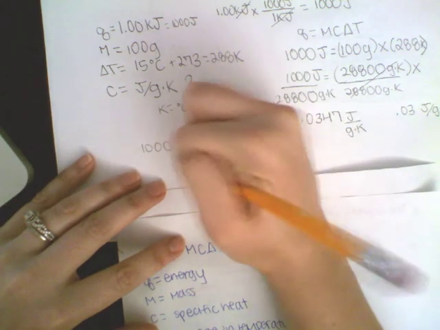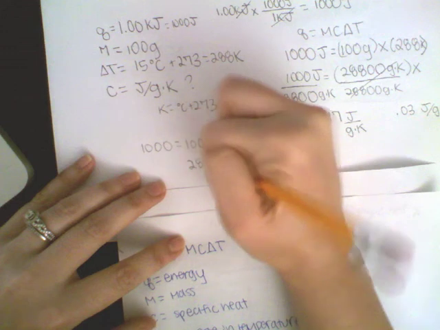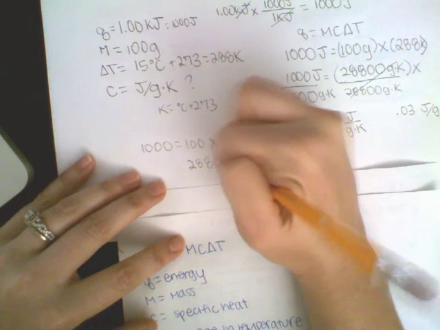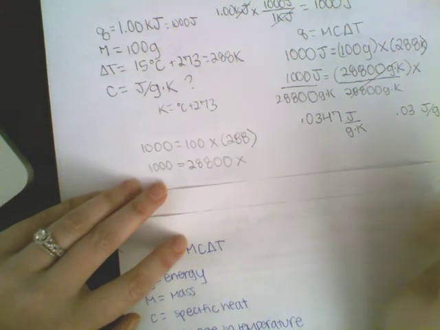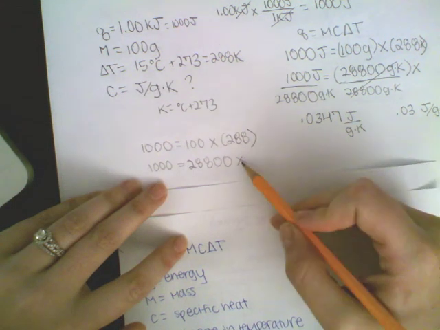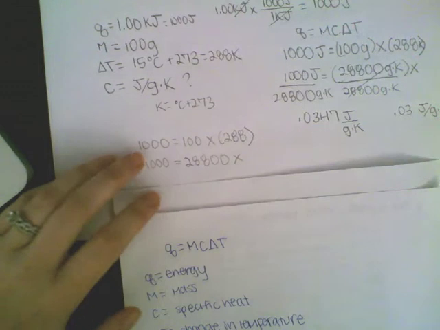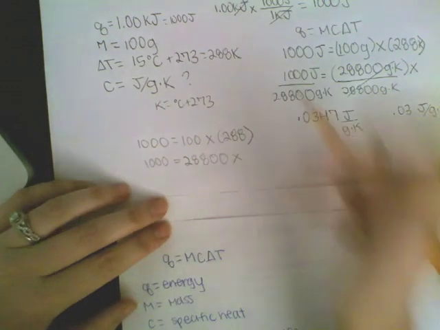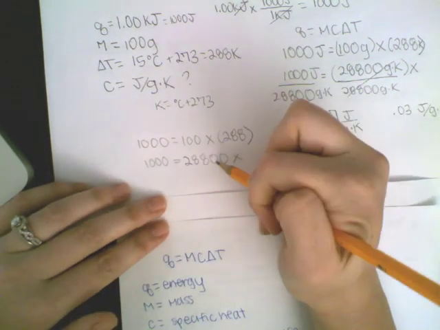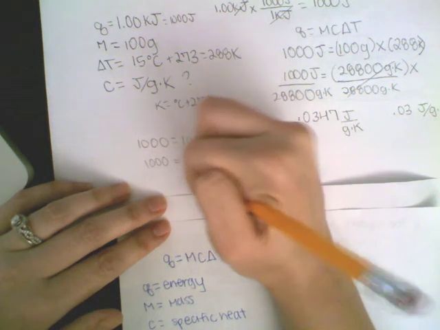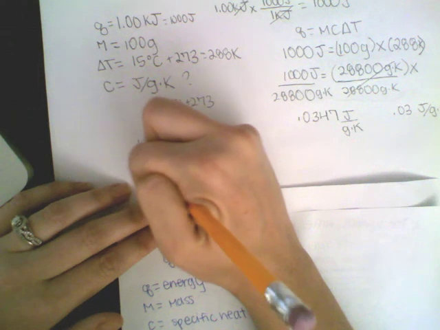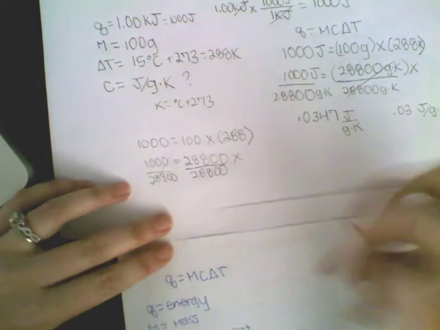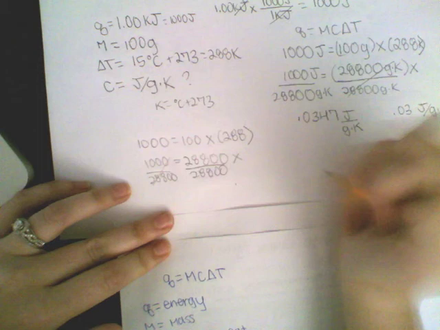So 100 times 288. Right, so I just combined them, and since we're used to seeing the variable at the end, that's where I stuck that. And now we're just going to divide both sides by this number so that we can get x by itself. And you'll get the same answer, 0.0347.